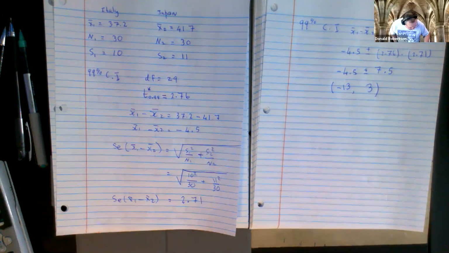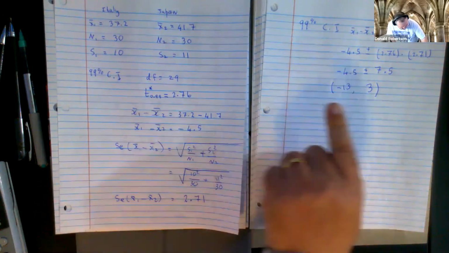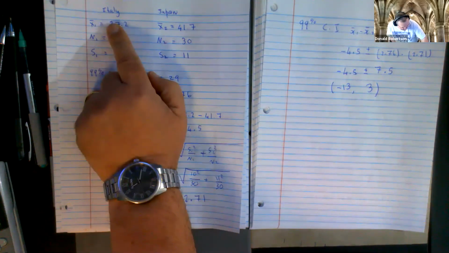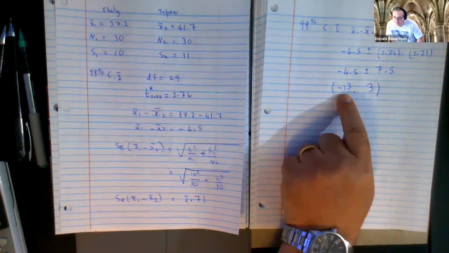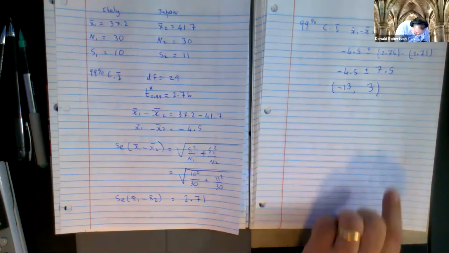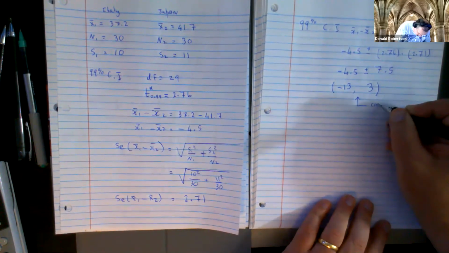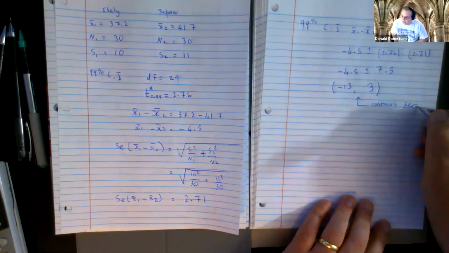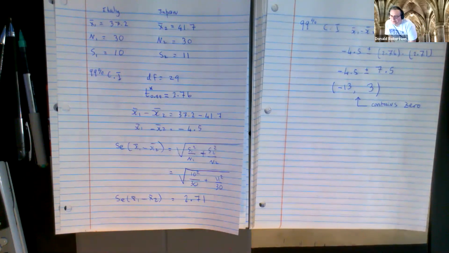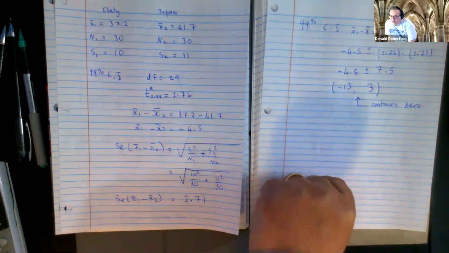So what this is telling us is that the difference between the average Italian and the average Japanese person is somewhere between negative 13 and 3. The jargon that this textbook uses is that it contains 0. You agree zero's in the middle somewhere. And then you have these little 4 or 5 sentences that typically follow.